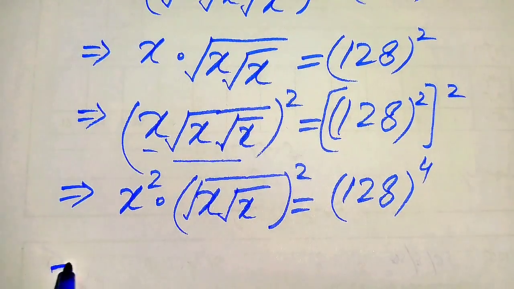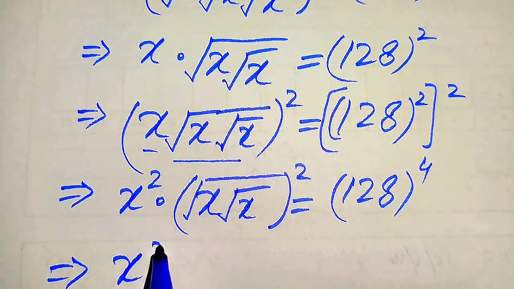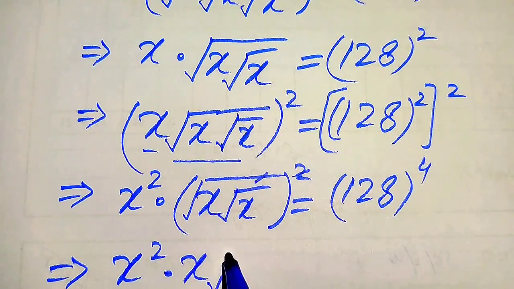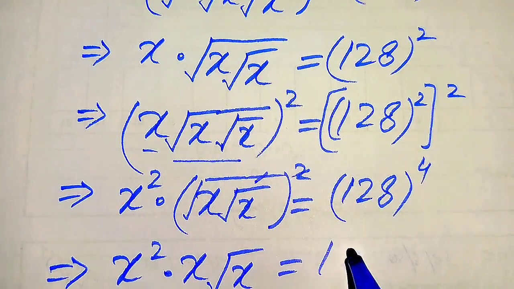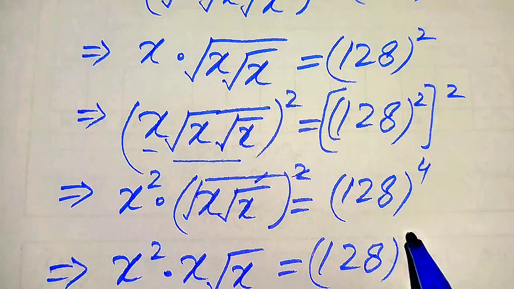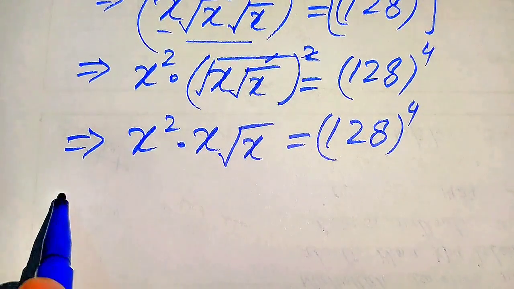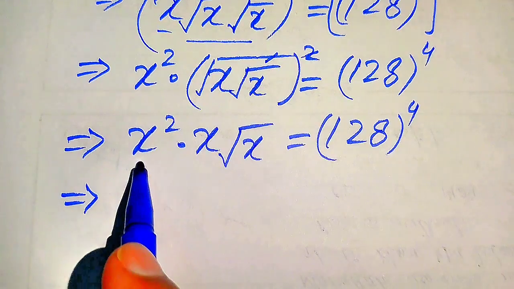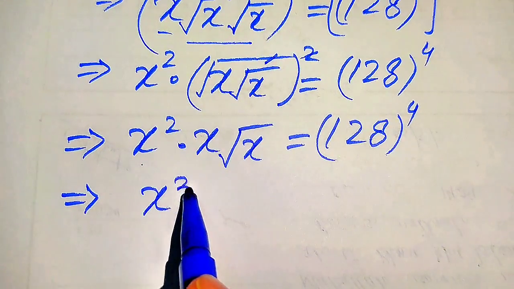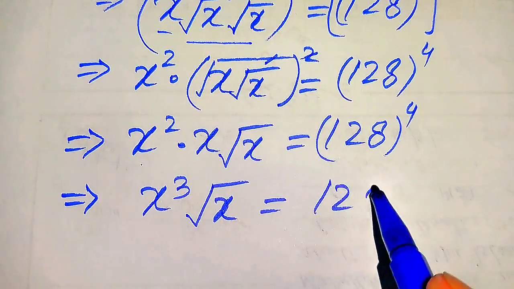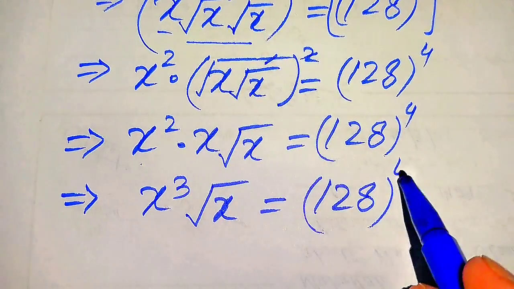So here we get x square into, this 2 and this square root are gone, and we get x times square root of x is equal to 128 and its whole power is 4. So these two values are multiplied by each other, and we get x square times x is equal to x cubed into square root of x is equal to 128 and its whole power is 4.